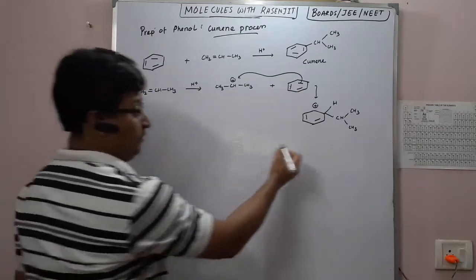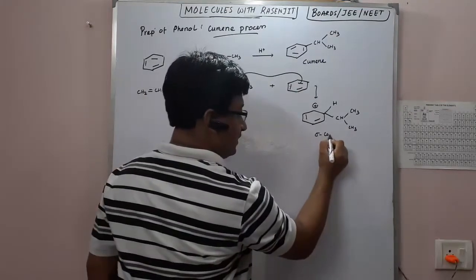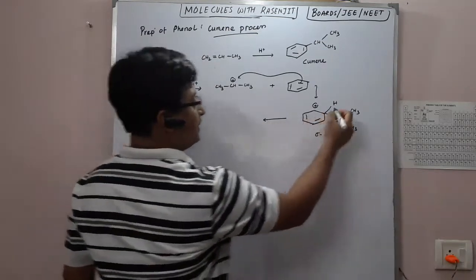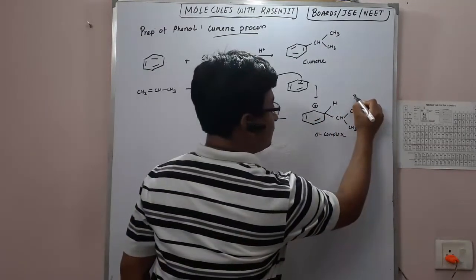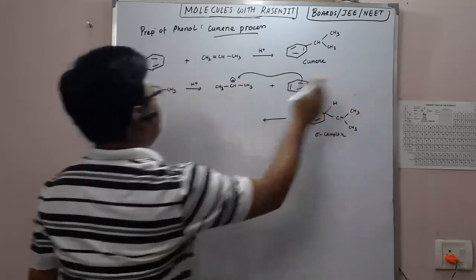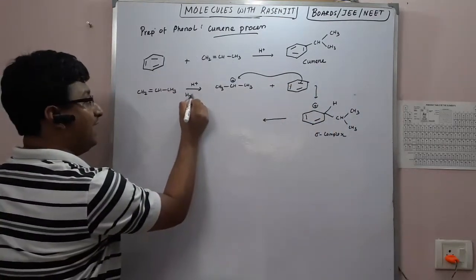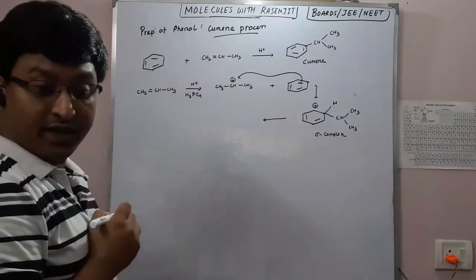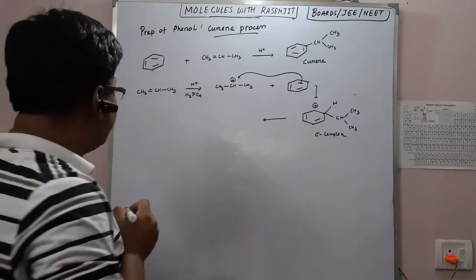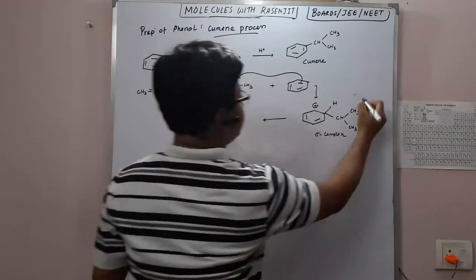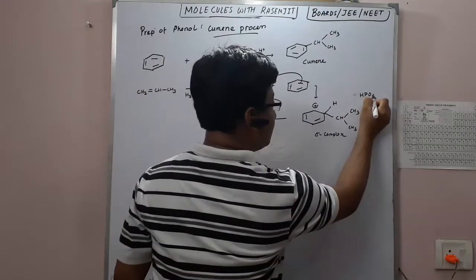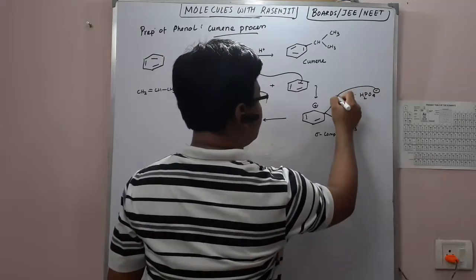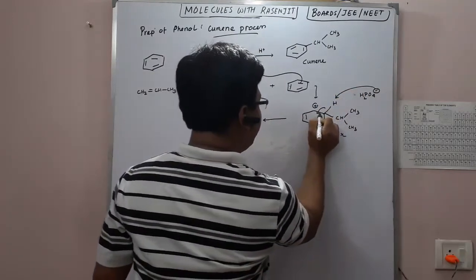So this is an electrophilic substitution. This is the sigma complex. Now this sigma complex further reacts in presence of a base. Let's say I do this in presence of H3PO4, phosphoric acid. This gives H2PO4 minus, which will abstract the proton and come back.